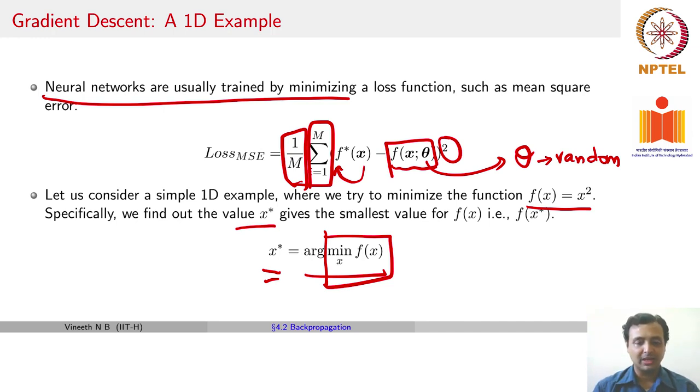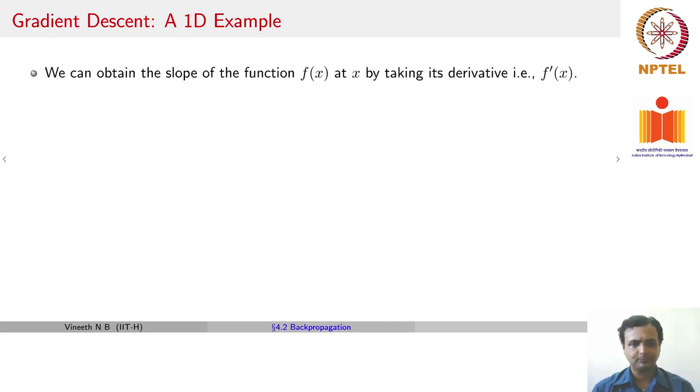So to summarize this slide, you have a mean square error which we typically use to train neural networks. But before we deal with that mean square error loss, let's just consider any function f of x which we want to minimize. Let's see how we go about doing it. What gradient descent suggests to us is, given that function f of x, we can obtain the slope of the function f of x at x by taking its derivative.